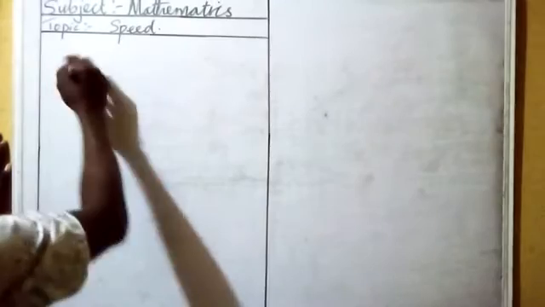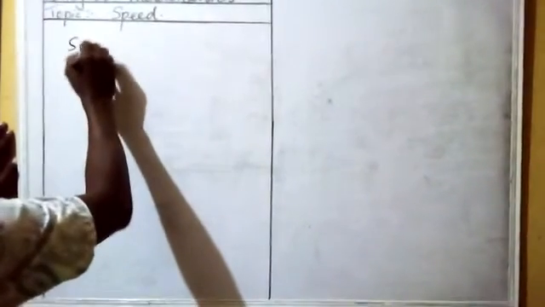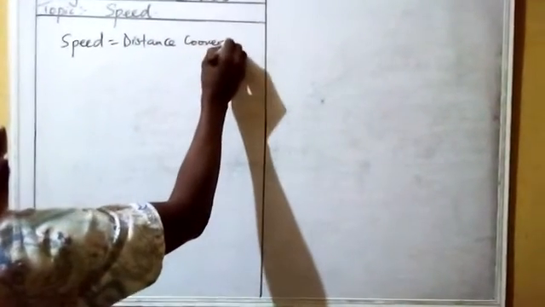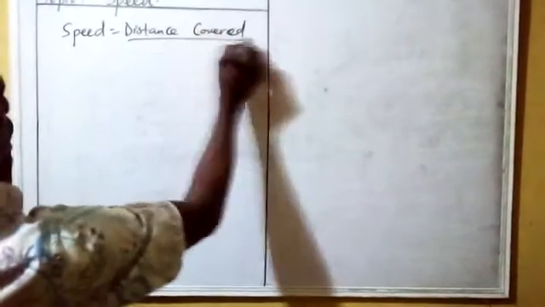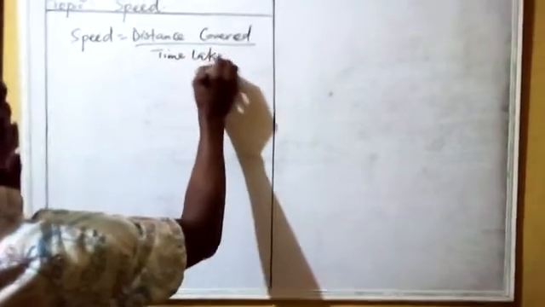Quickly, let's see how we derived this formula. We said average speed, which is speed, equals distance covered over time taken.